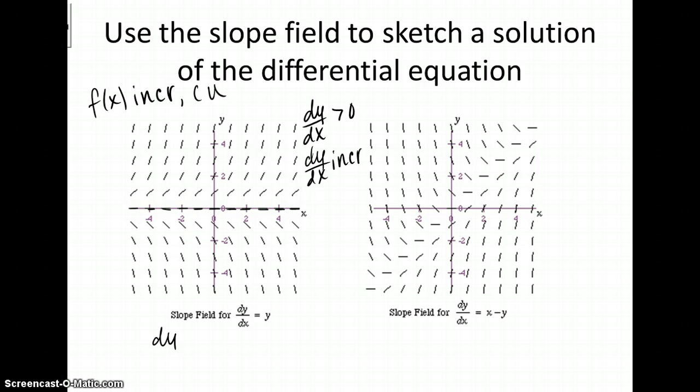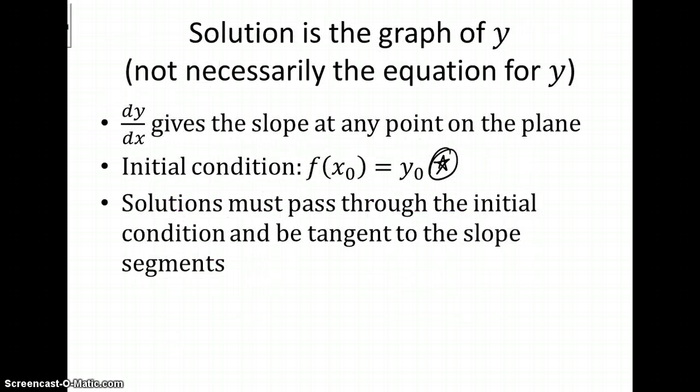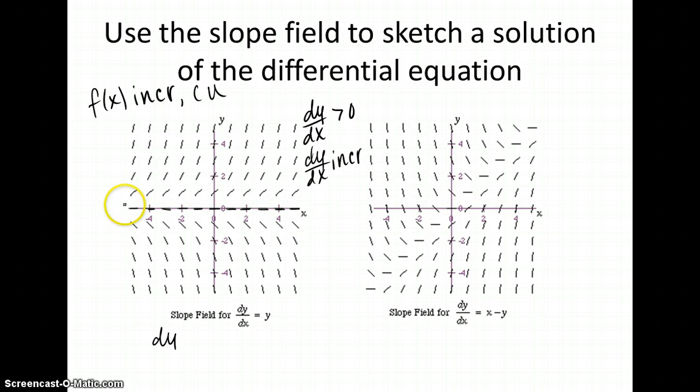Now, from the notes here, the solutions must be tangent to the little slope segments. So slope of 0, that's one solution. I don't know any particular condition. Now let me look down here. Below the x-axis, my slopes are all negative, therefore my function is going to decrease.